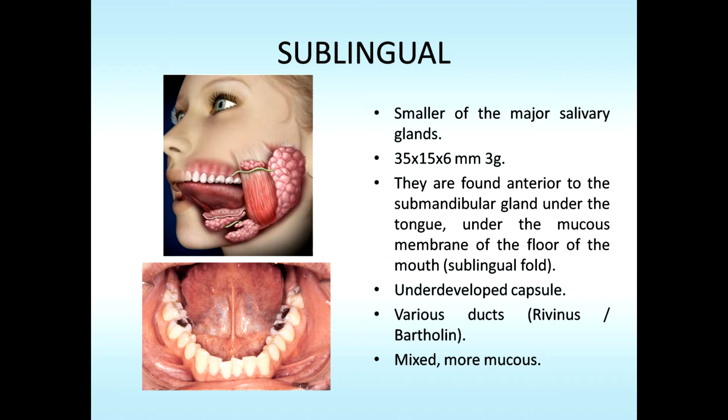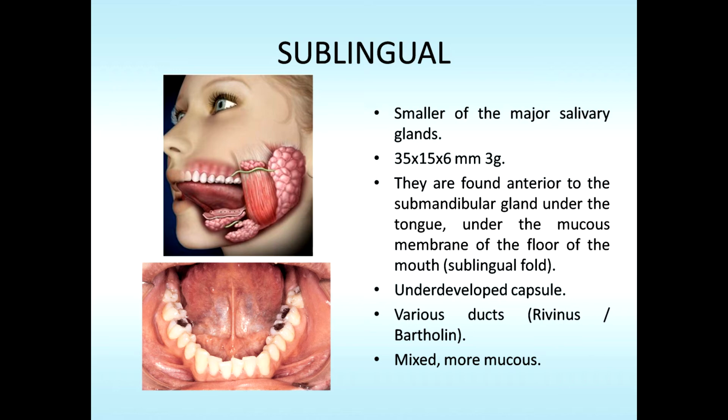There are several features of the sublingual gland which make it different from the other major salivary glands. One of these features is that it's not an extraoral gland, because it's right underneath the sublingual fold. Therefore, it's properly located in the oral cavity proper. Another feature is that it has an underdeveloped capsule.